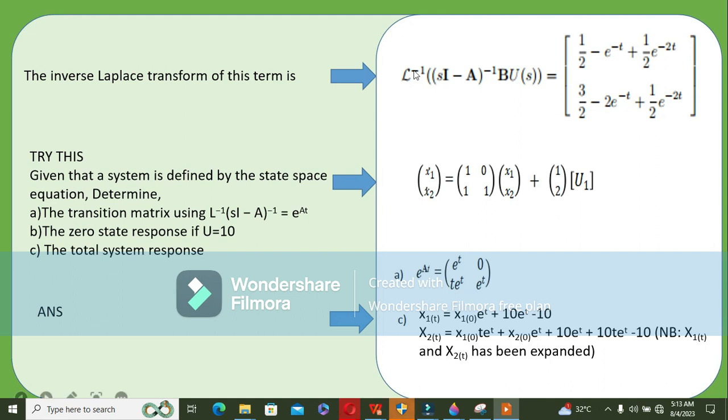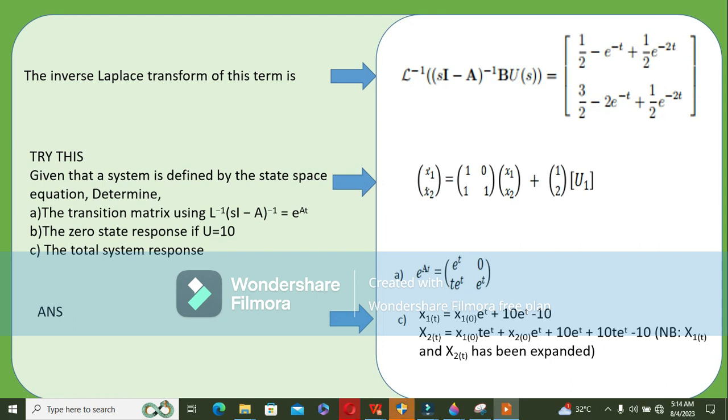If you take the inverse Laplace transform of this partial fraction, you are going to arrive at this. Wow, this is nice.